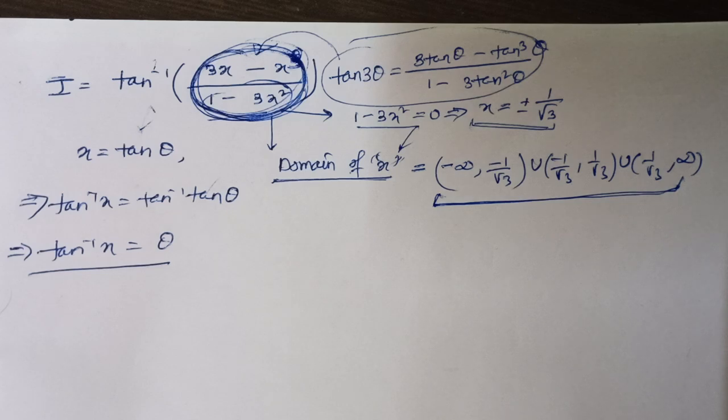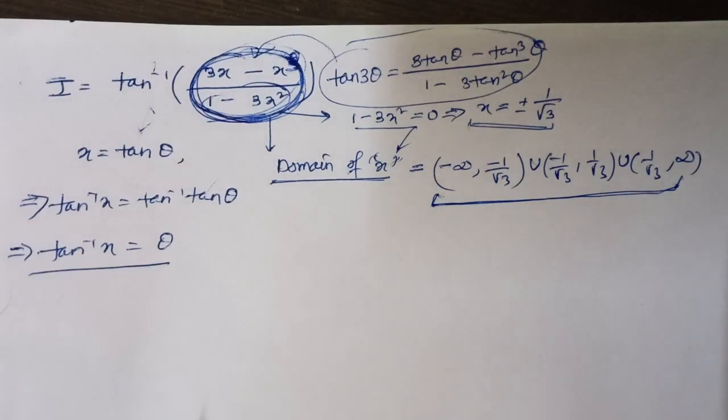Tan inverse has the principal range from negative pi by 2 to positive pi by 2, both excluded. Another thing that you should appreciate is that in the principal range, all values of the corresponding function are accessible. So tan theta takes all real numbers in minus pi by 2 to pi by 2.